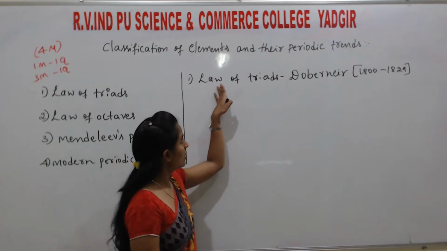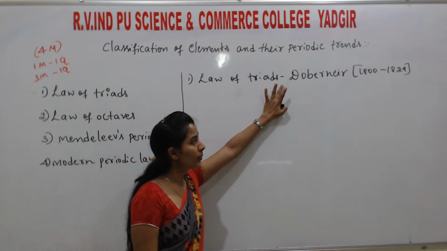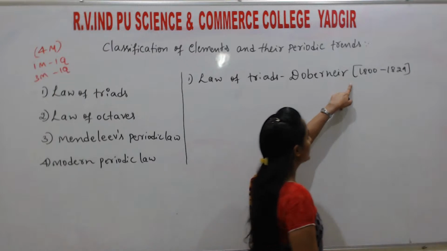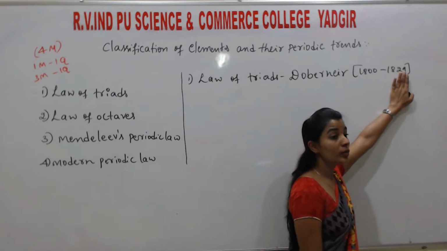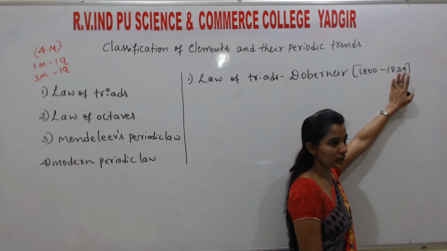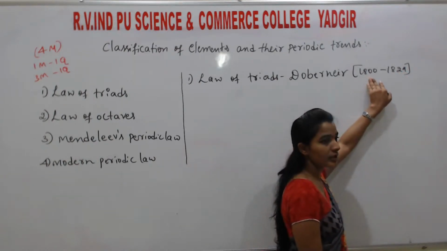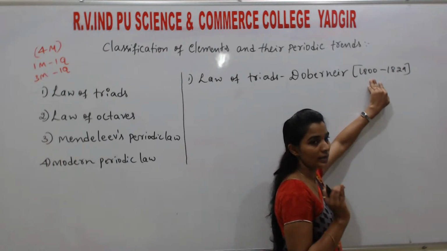This law was explained by Döbereiner between 1800 and 1829. At this time, only 31 elements were known. Right? In this era, 1800, only 31 elements were known.